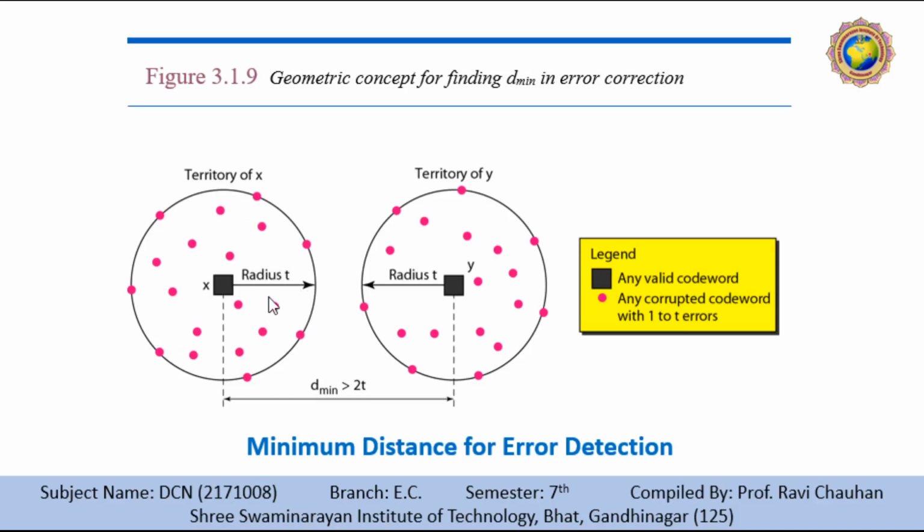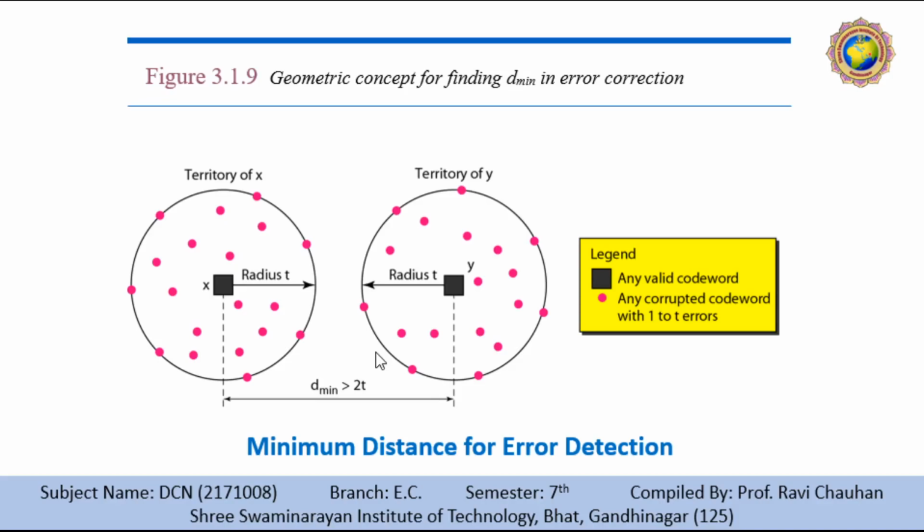If the receiver receives a code word that belongs to this territory, it decides that the original code word is the one at the center. Note that we assume that only up to t errors have occurred, otherwise the decision is wrong. Our figure shows this geometric interpretation.